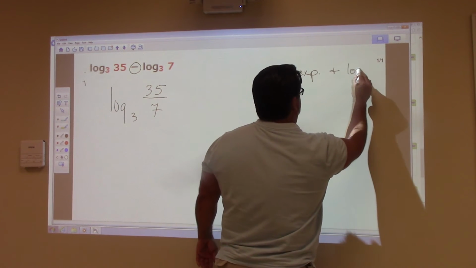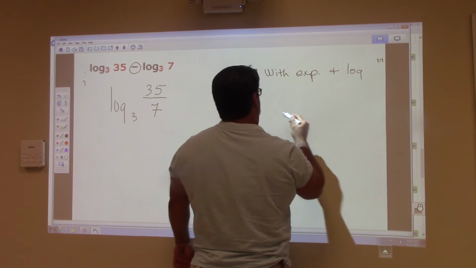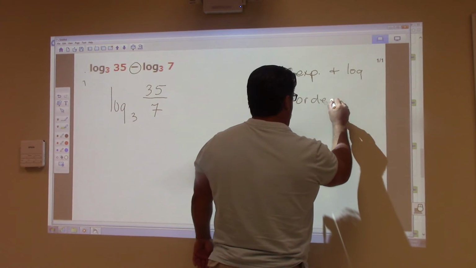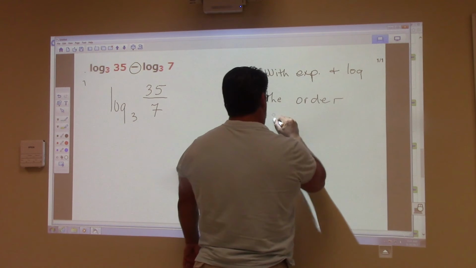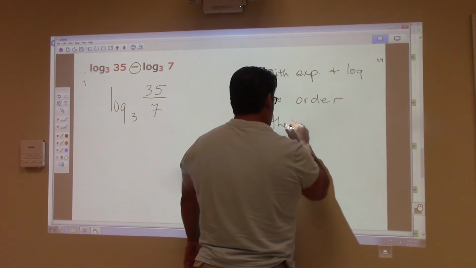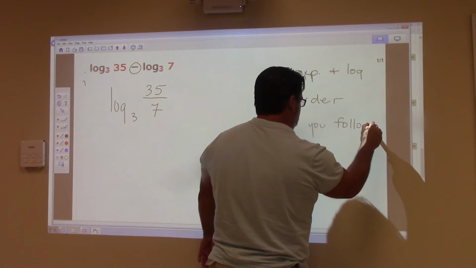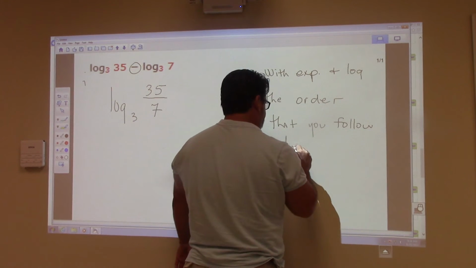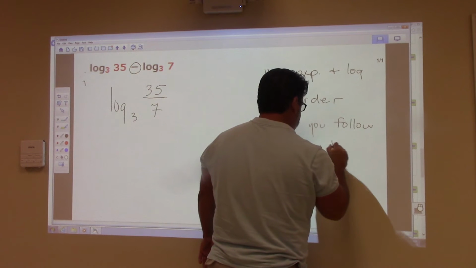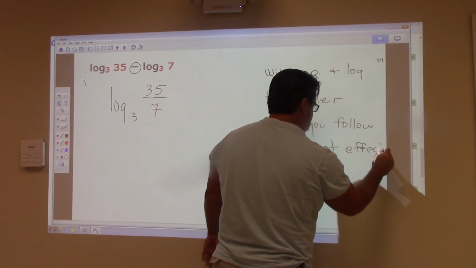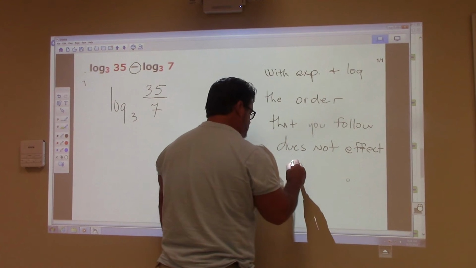and logarithms, the order that you follow does not affect the solution.